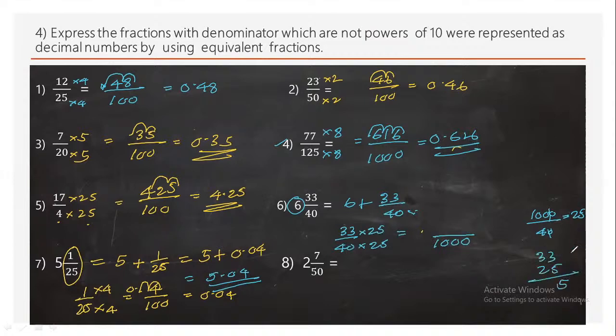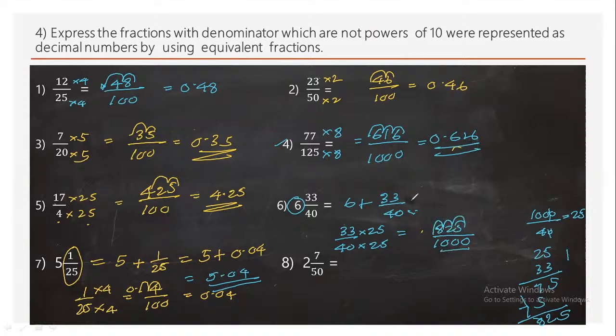At the numerator, 33 times 25. 5 times 3, 15, 1 remaining. It is easy for us to multiply 25 by 33. 3 times 5, 15, 1 remaining. 3 times 2, 6 and 1, 7, 5, 7. Then 5, 7 and 5, 12, 1 remaining, 825. Now the denominator contains 3 zeros, so 3 decimal places in the answer.